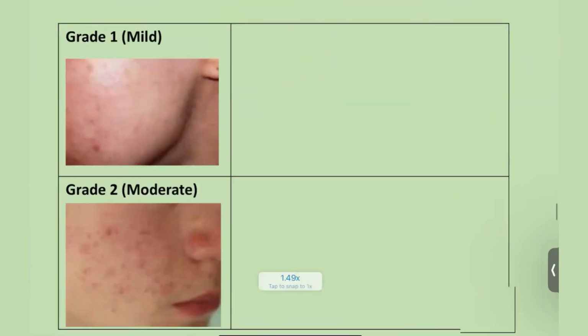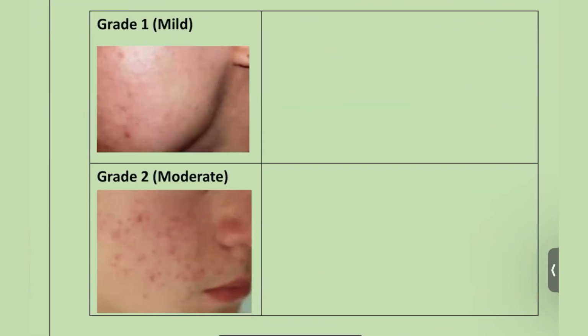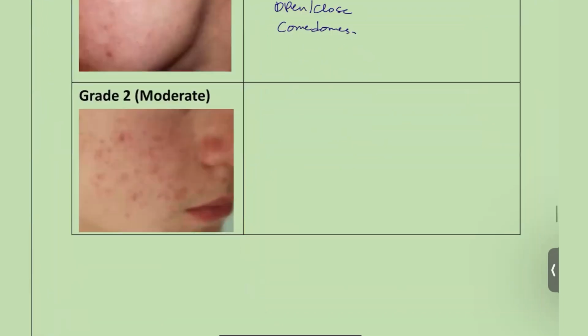Next, moving on to acne, the grades that you have to remember. The first grade involves black and white, or we can say open or closed comedones. Next, grade 2, where you are going to see papules plus pustules.